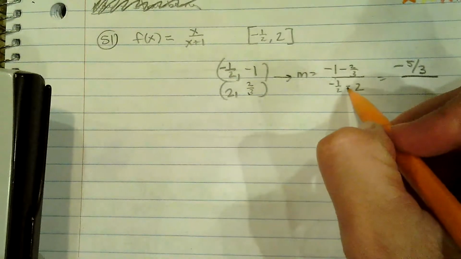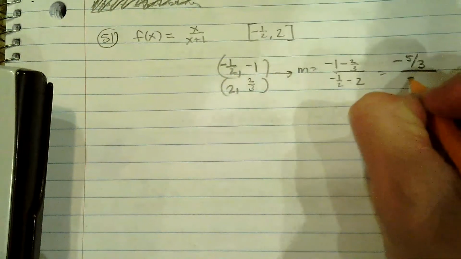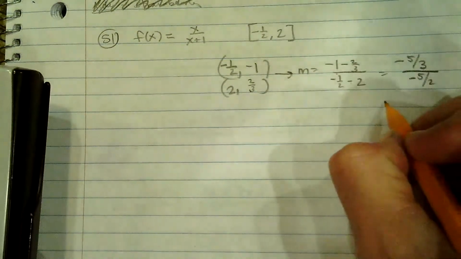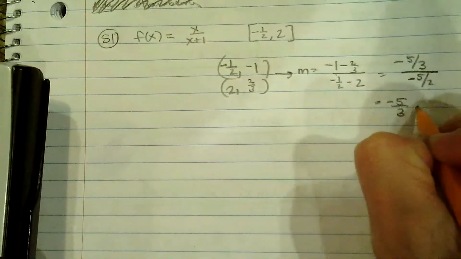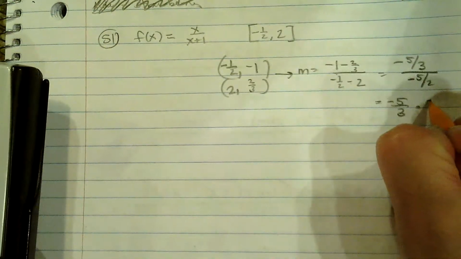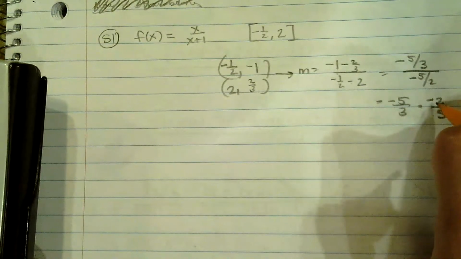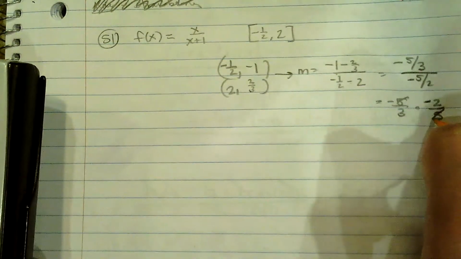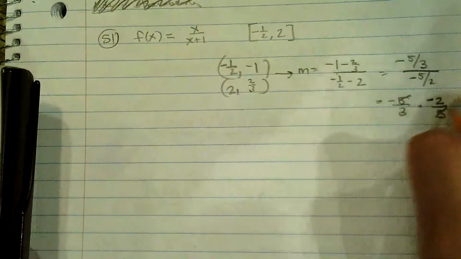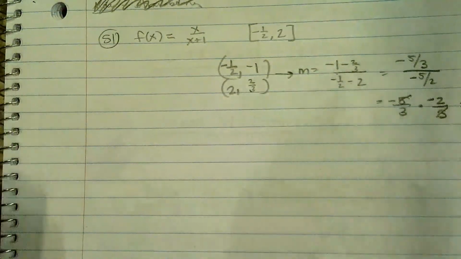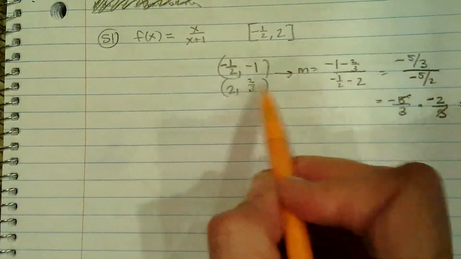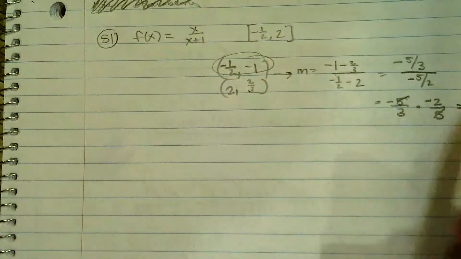And -1/2 minus 4/2 is -5/2. So if I keep, change, flip, 5/2 becomes 2/5, and it'll be 2/3 is my slope. So point, I'll use this one, slope.